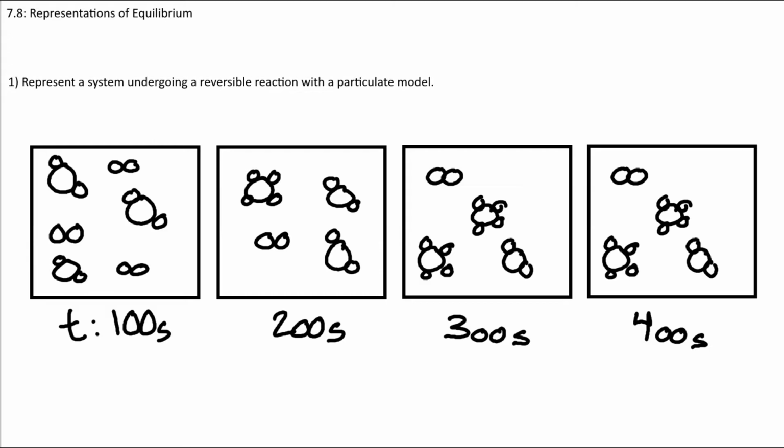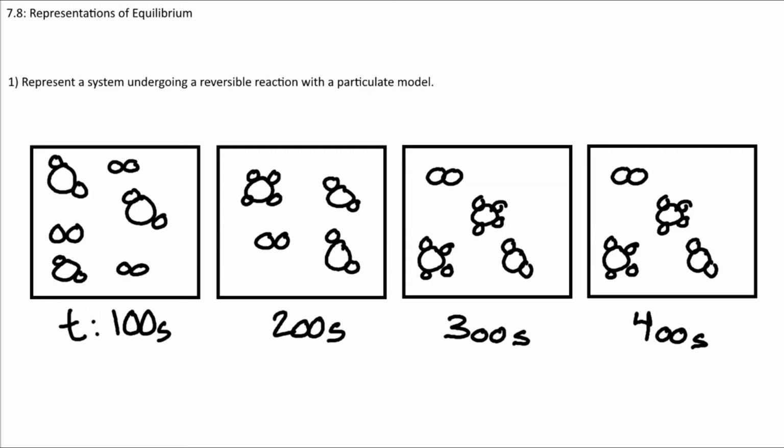Now you'll notice that the 400 second picture is exactly like the 300 second picture, and there's a reason for that. When we say a system is at equilibrium, that means that the concentration on both the reactant and the product side is constant. It doesn't have to be the same, it just has to remain constant.